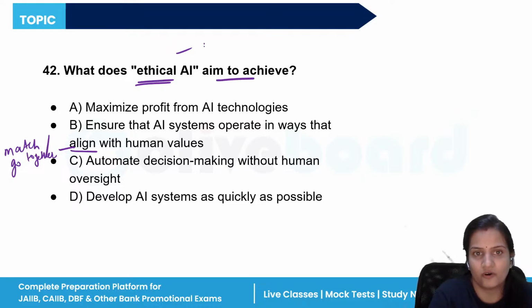Ethical means moral values, the code of conduct. It is ensuring that AI systems operate in ways that align with human values, their traditions, their cultures.